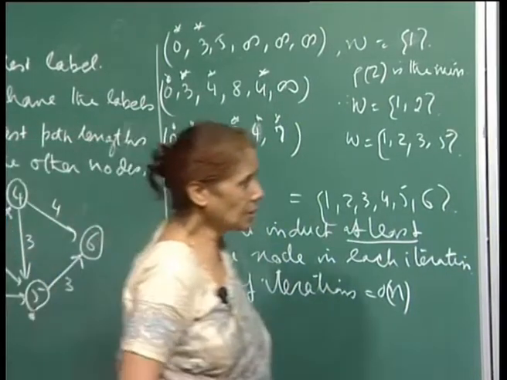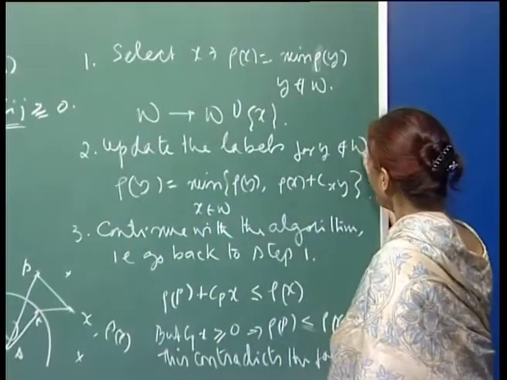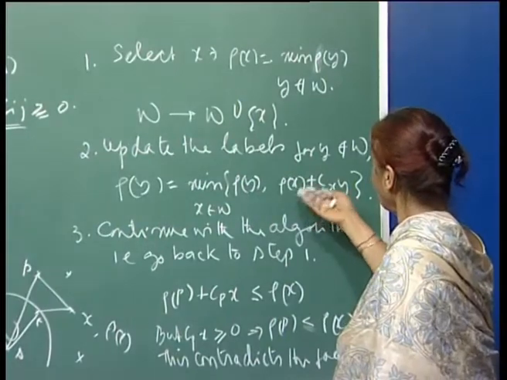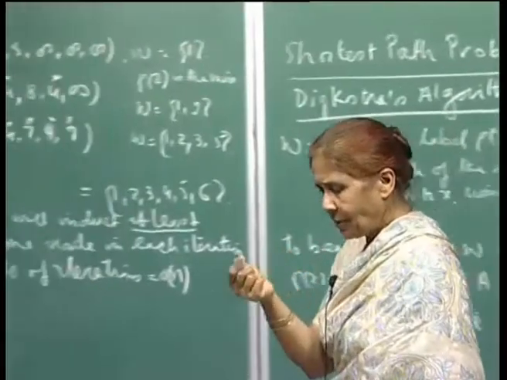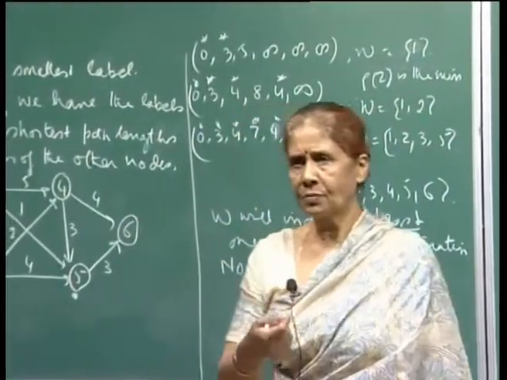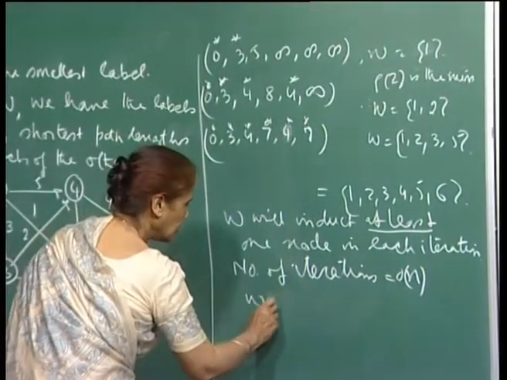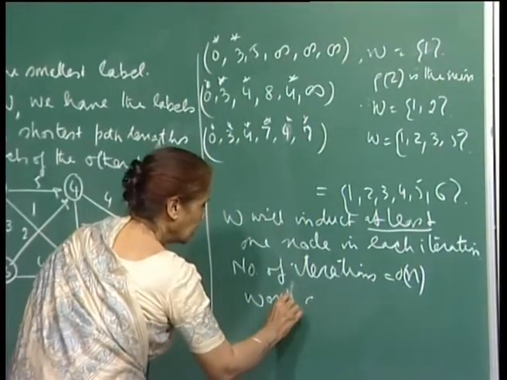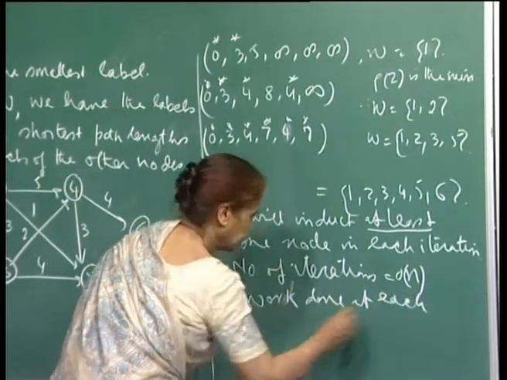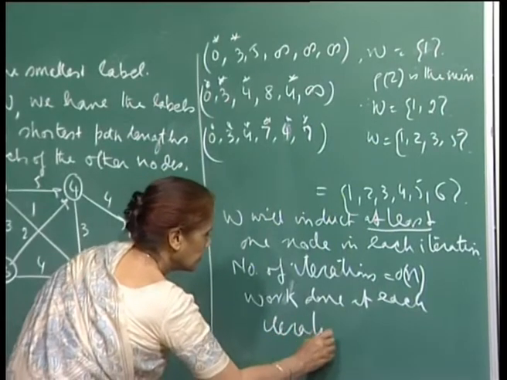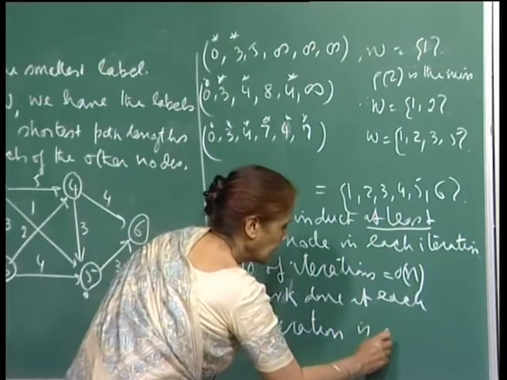At each iteration you are just updating the label of the ones which are not in W. So, again this is order n, because you are simply adding and comparing the minima, because we say that all these elementary operations we consider as one unit of work. So, the number of iterations and the work done at each iteration is order n.